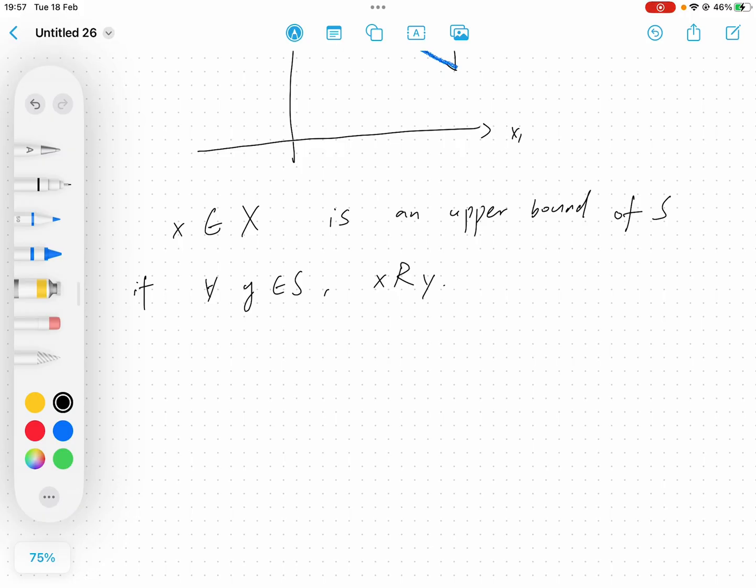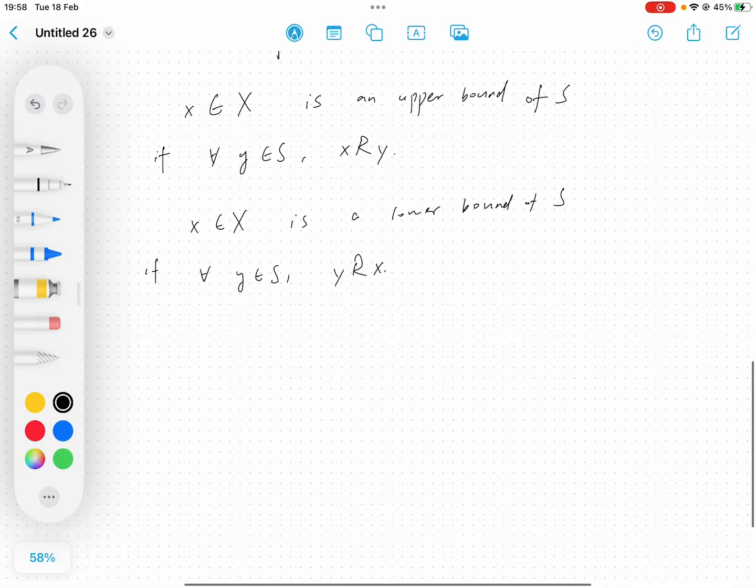So we can read this as maybe greater than or equal, right? So x is bigger than y. We can read it easier like this. And correspondingly, we can say that x is a lower bound of S if for all y, that would be the other way around, right? So y is bigger than x in the partial order.